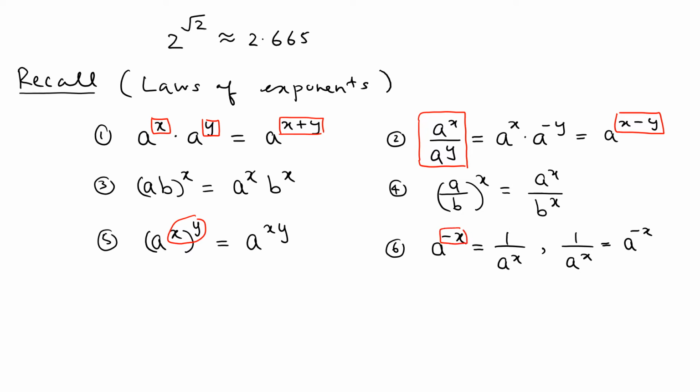And then we also have these two results. We have 1 to any power is 1, and as the last one, a to the 0th power equals 1 if a is not equal to 0. So those are the properties that we're going to use when we work with exponential functions.